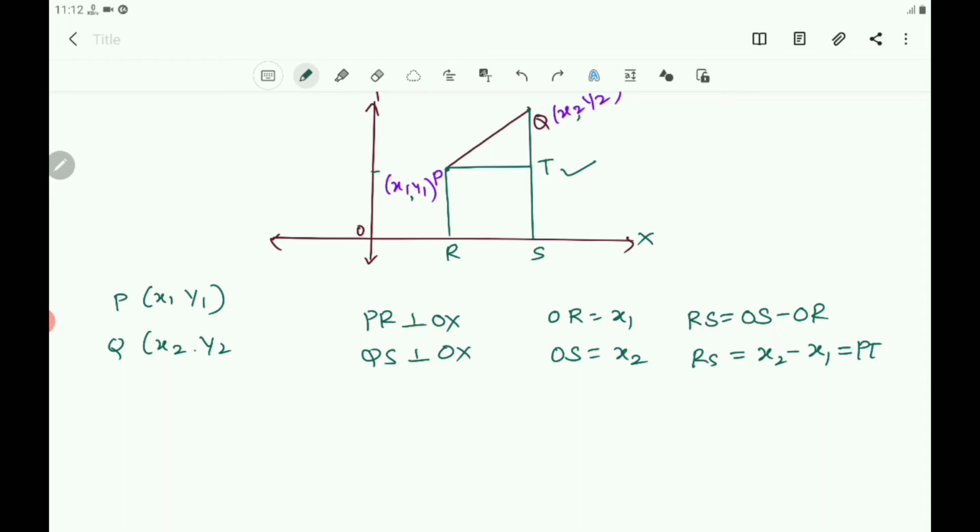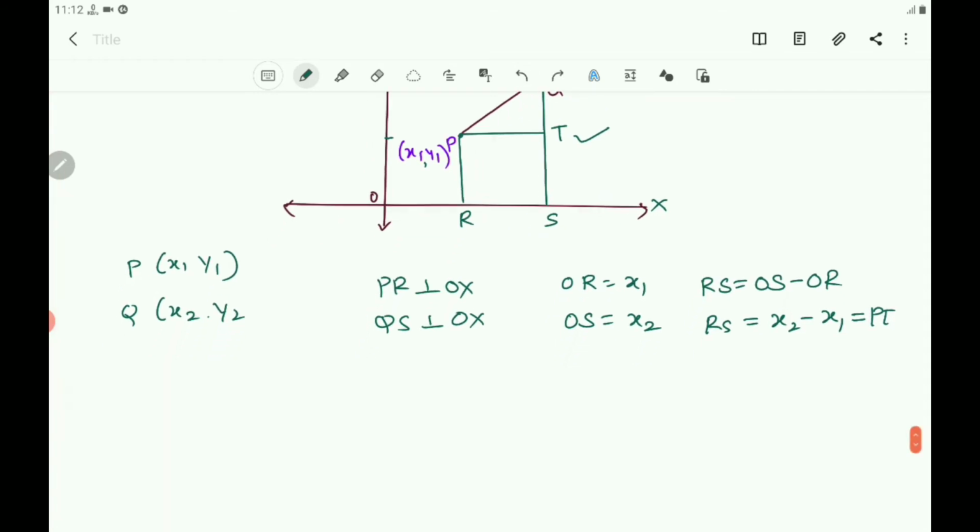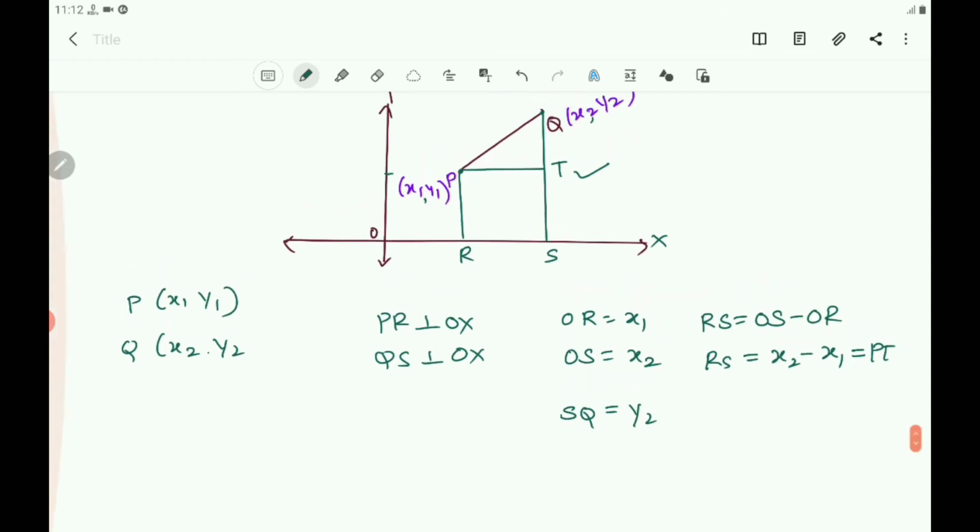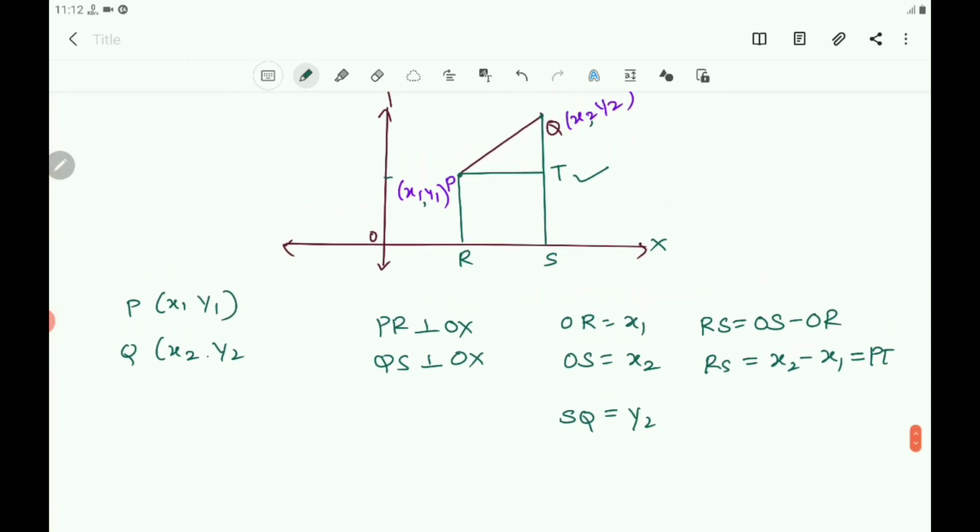SQ means this distance, the distance of the point Q from the x-axis. That is nothing but the y coordinate. So you write SQ equals y2.